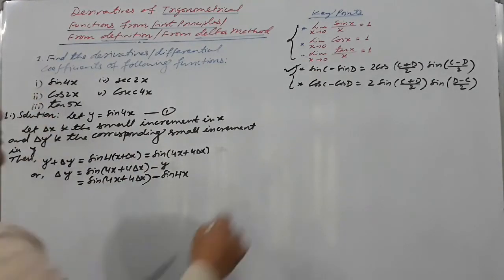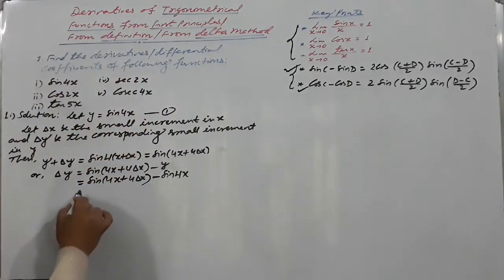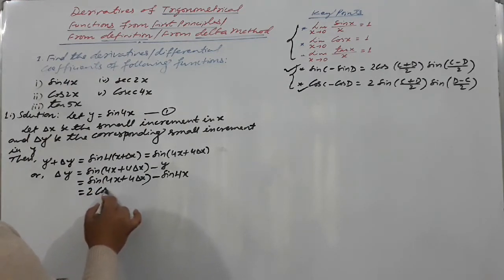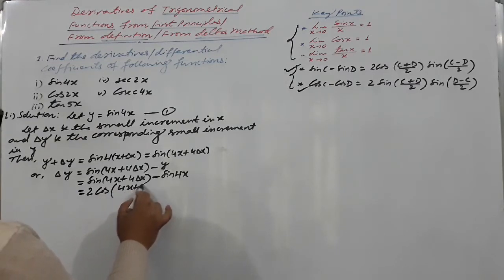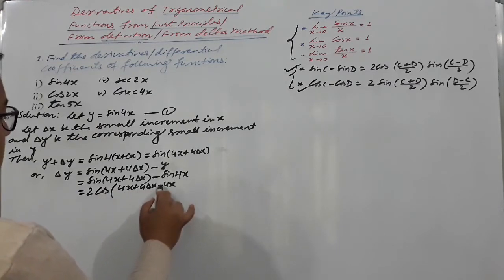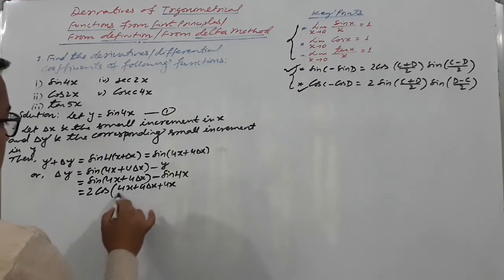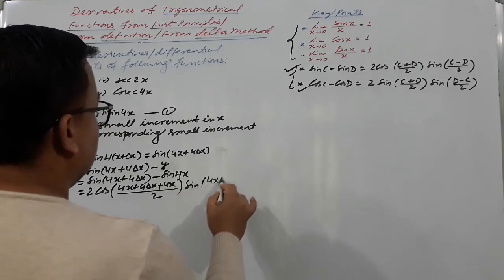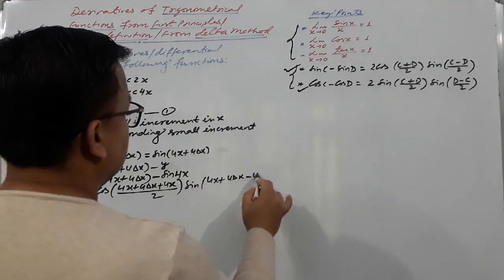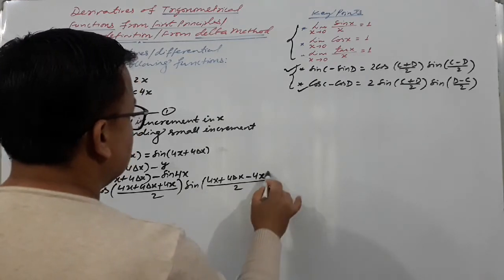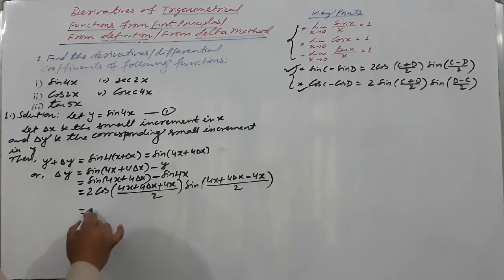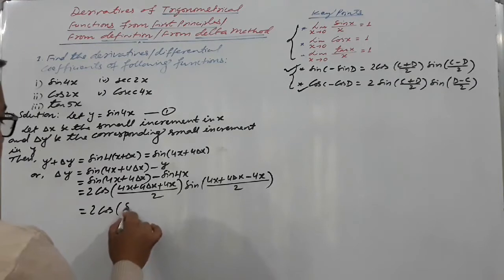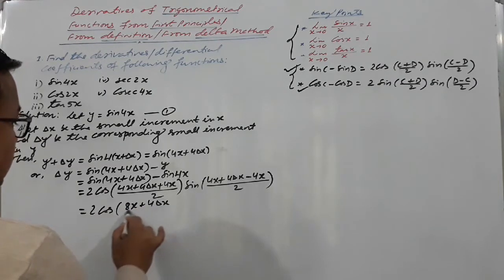In this question you need to apply the sine c minus sine d formula. This line becomes 2 cos of (4x plus 4 delta x plus 4x) upon 2, times sine of (4x plus 4 delta x minus 4x) upon 2, that is, (c plus d) upon 2 and (c minus d) upon 2.